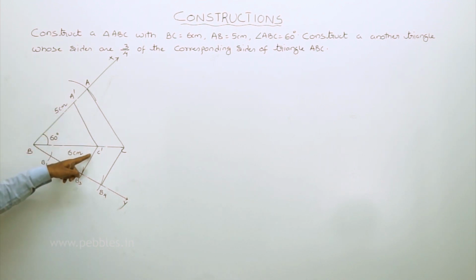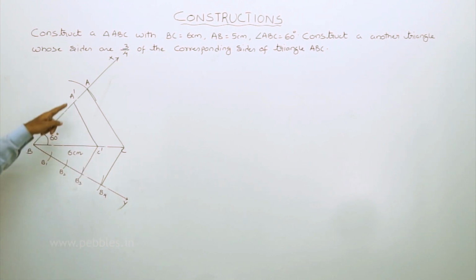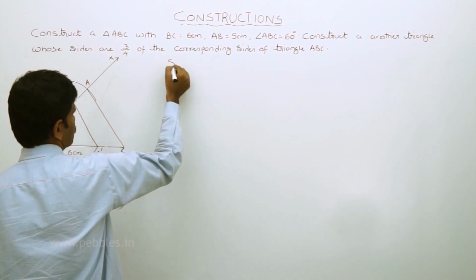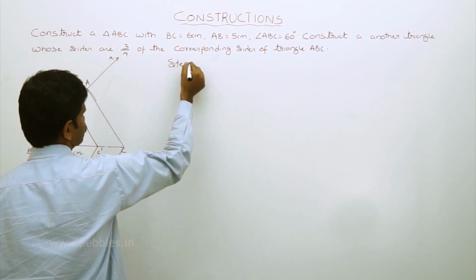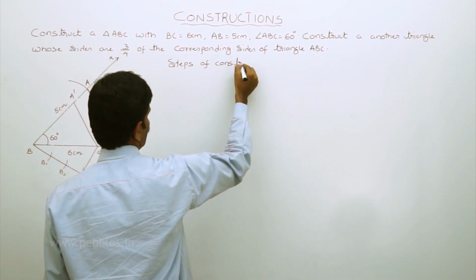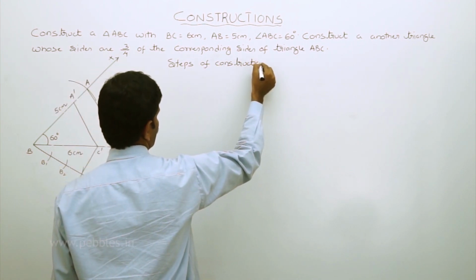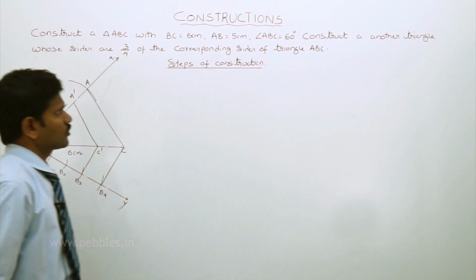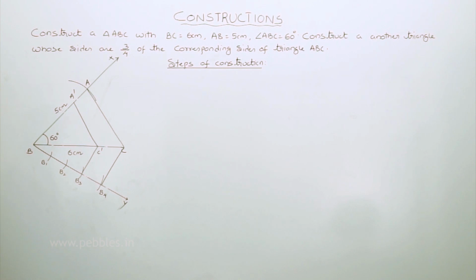Therefore, A dash C dash is parallel to AC. Therefore, A dash B C dash is the required triangle. Steps of construction.